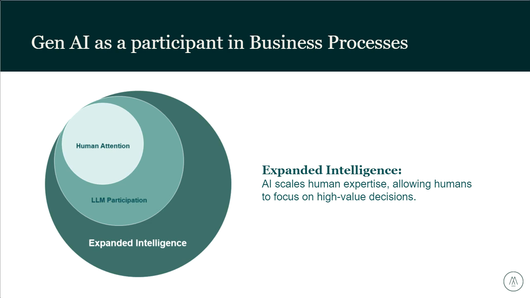Having that extra participant in my business flow is going to enable me to optimize the way I spend my time and introduces this concept of expanded intelligence. AI augmentation can be likened to adding several highly skilled individuals to your own team at a fraction of the cost. This expansion of capabilities is what allows us to tackle more complex challenges and unlock new opportunities.